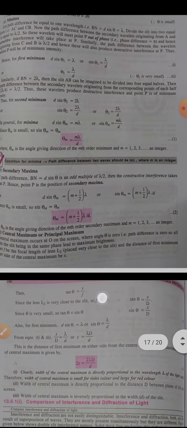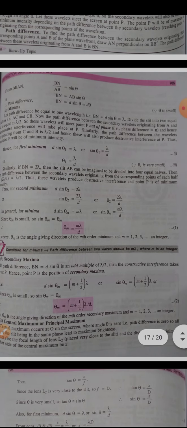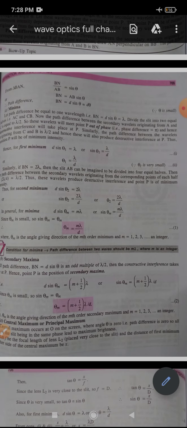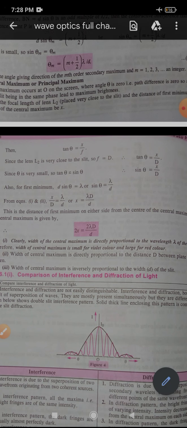So from equations 1 and 2, that is, for a minimum, sin theta 1 is equal to lambda by d and theta 1 is equal to lambda by d, we will get x equal to lambda D divided by d, and this is the distance of the first minimum on either side from the central maximum. The width of the central maximum is given by 2x, that is 2 lambda D divided by d.